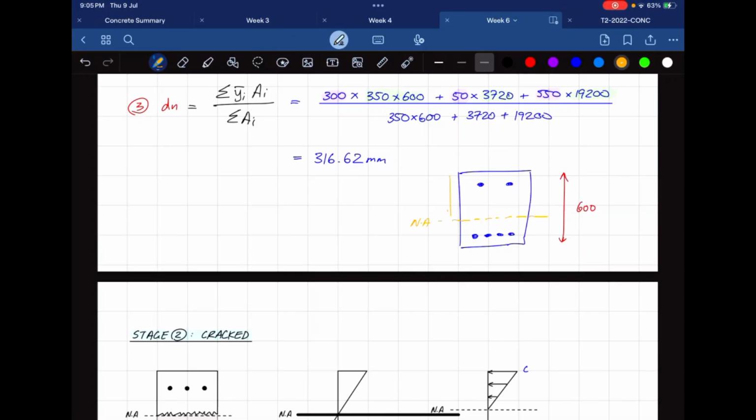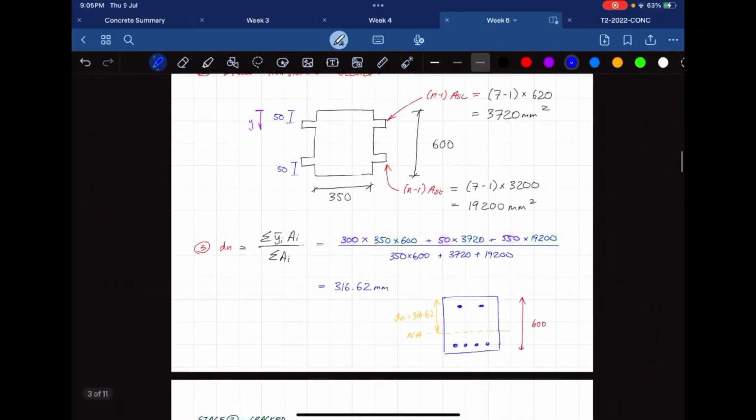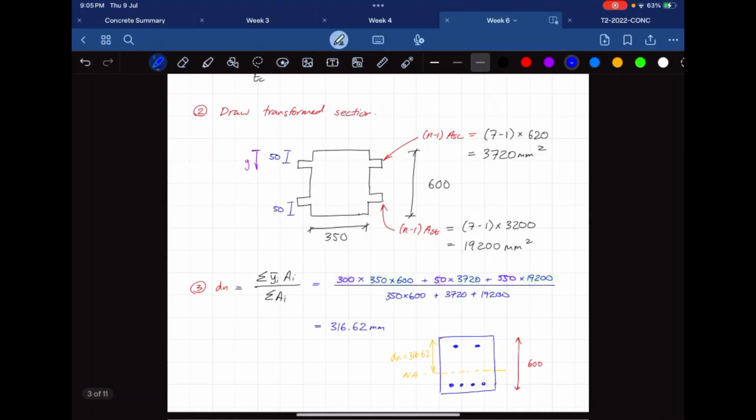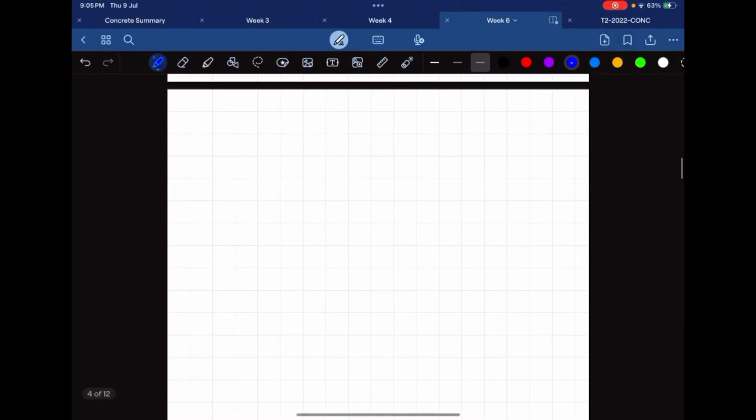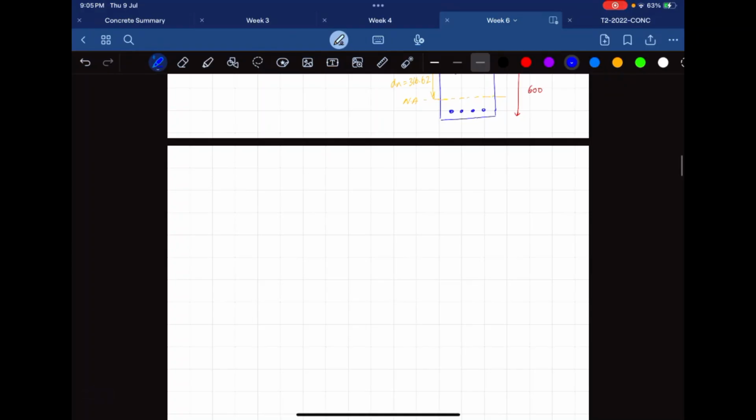And that distance from here to here is 316.62 millimeters. Any questions, any queries? No? This is just instrument 400 recap, so should be alright. Shouldn't be too bad. The next part is IG, so that's part 4.